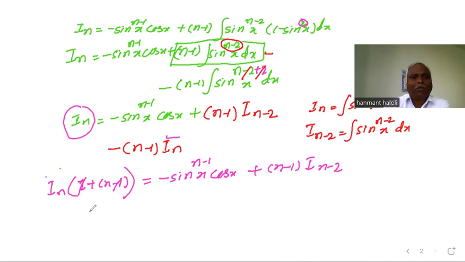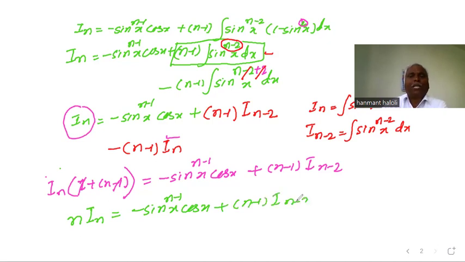n is left out as the coefficient of In, equal to minus sin raised to n minus 1 x cos x plus n minus 1 into I n minus 2. And this expression uses the previous n minus 2 integral term, and in the integral term we reduce this integral into algebraic formulas, and that I can write directly in standard form.